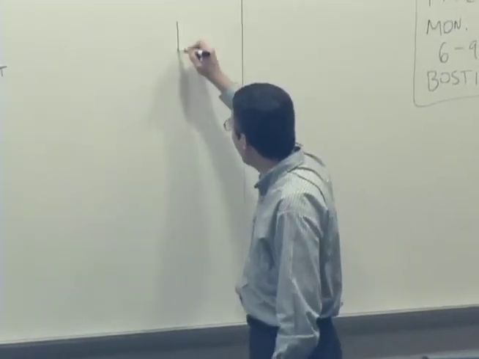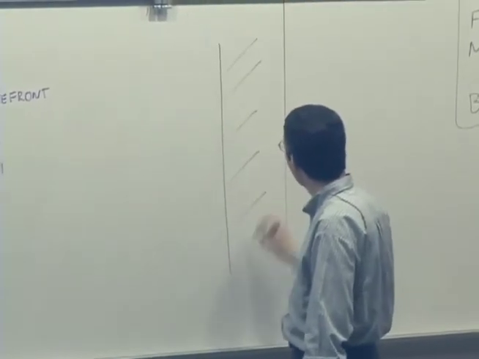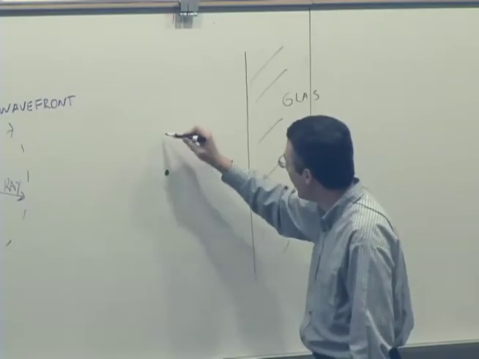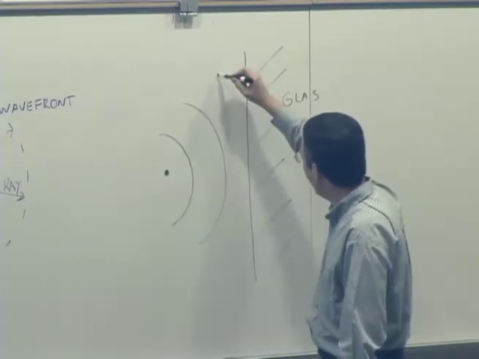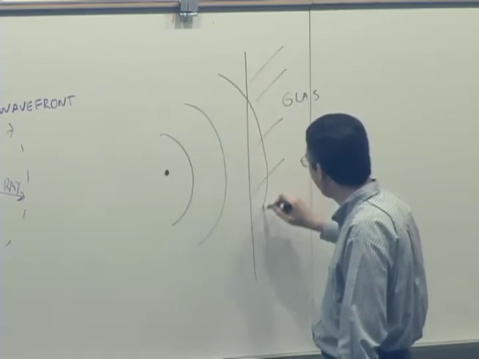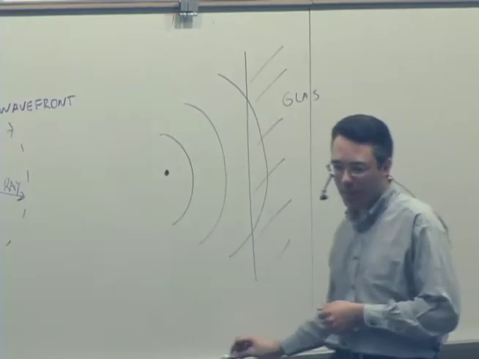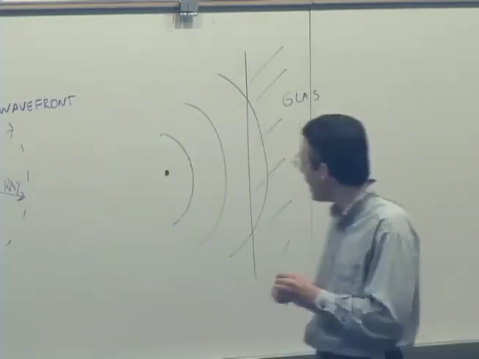And so if you had, for instance, some material like glass, and you have a source of light over here, and you see the wavefronts coming through, and then they're incident on the glass. Well, that's going to cause the electrons making up the atoms in the glass to re-radiate.